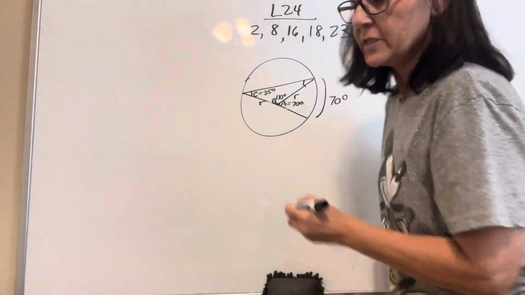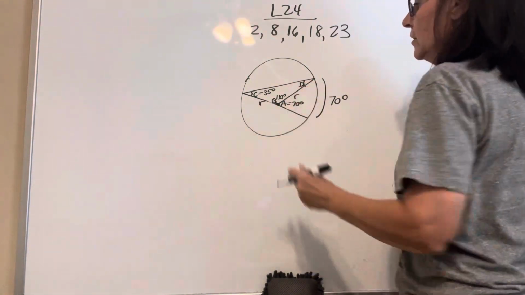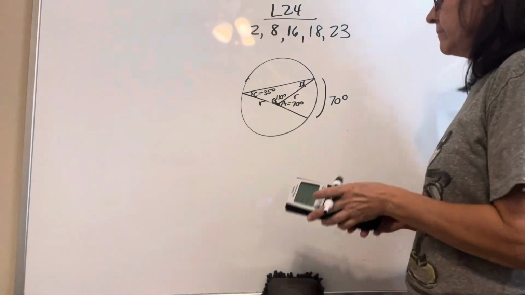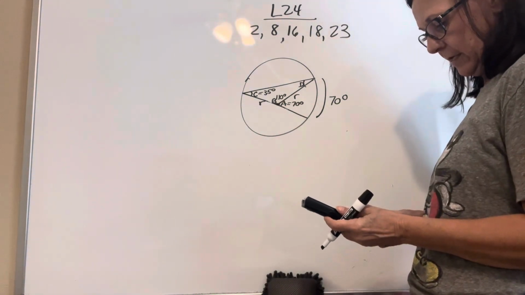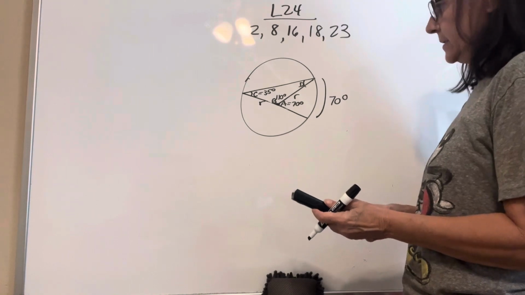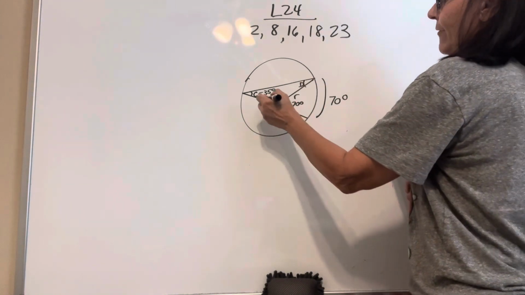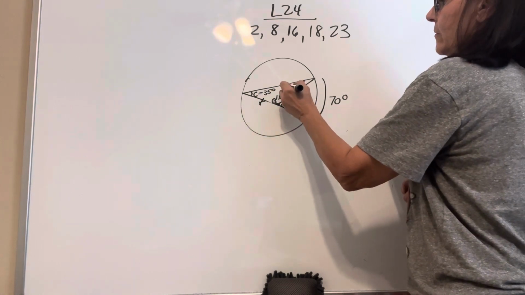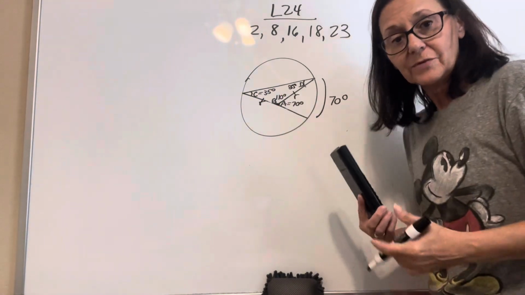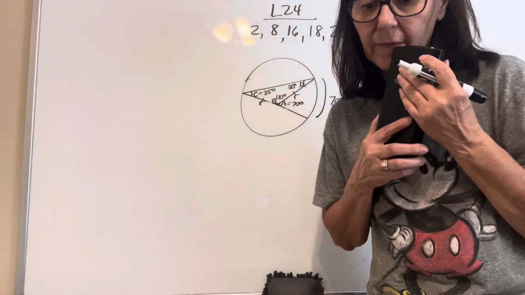And so now we just have D, which is 180 minus 110 minus 35. So it's 35. All radii are equal. Those had to be equal too, right? Angles opposite equal sides have to be equal.